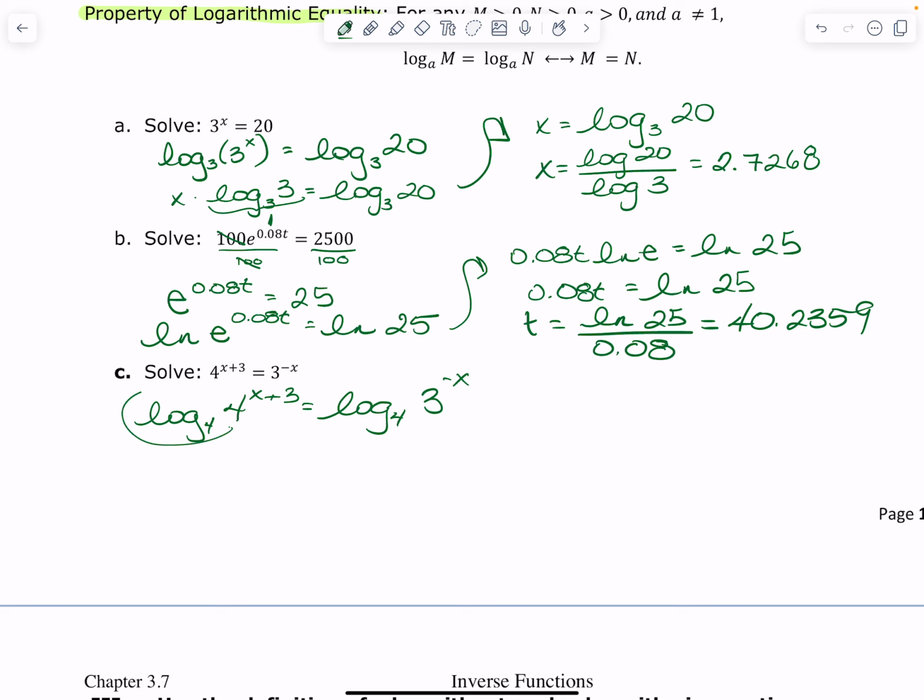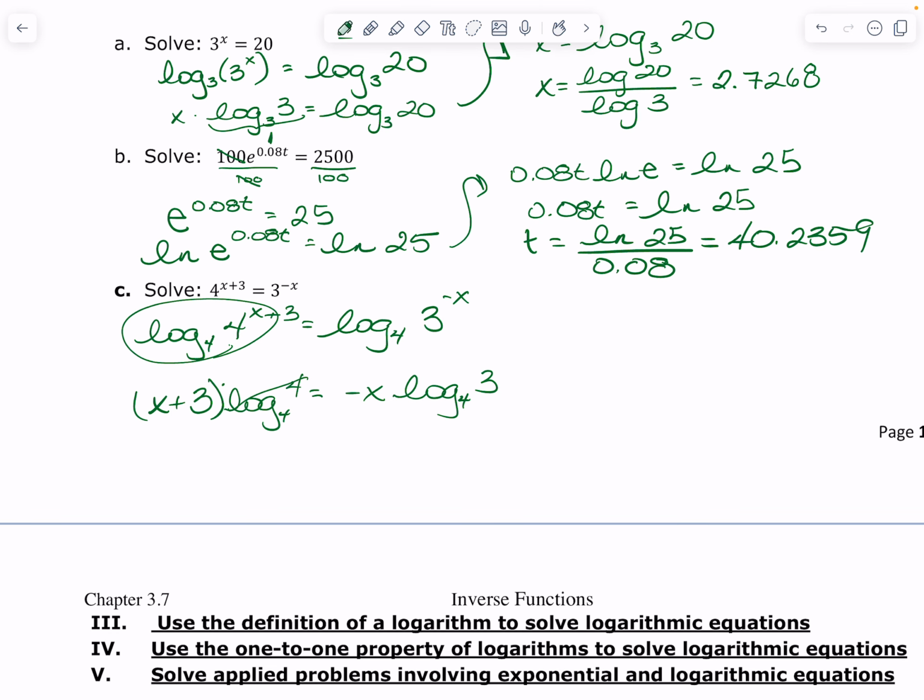Now, I'm going to pull that x plus 3 out front first. We're not going to get sloppy, log base 4 of 4. And I can also pull this negative x out front here, log base 4 of 3. And log base 4 of 3, even though it's kind of ugly, is still a number. Okay, so this goes away. I get x plus 3 equals negative x times log base 4 of 3.